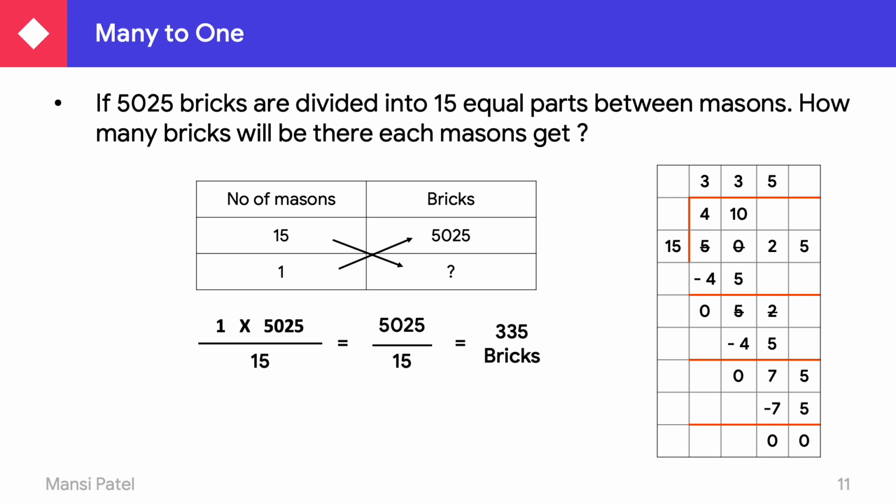In the table of 15, 15 threes are 45. 52 minus 45, 7. 5 comes down. Then 15 fives are 75. So your answer is 335. Therefore, each mason will get 335 bricks.